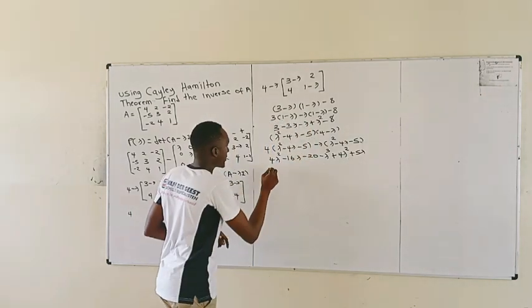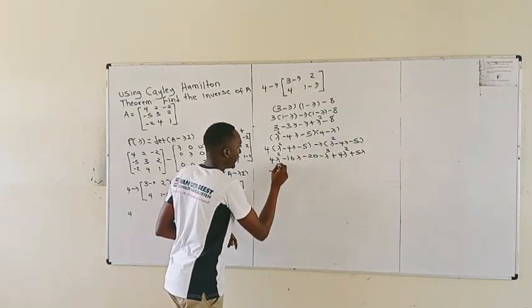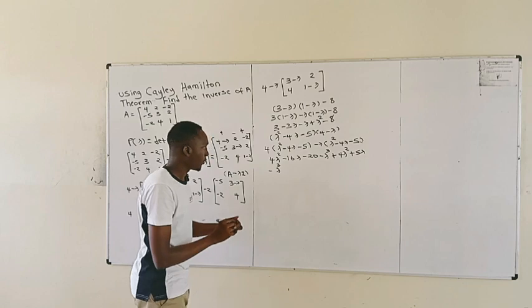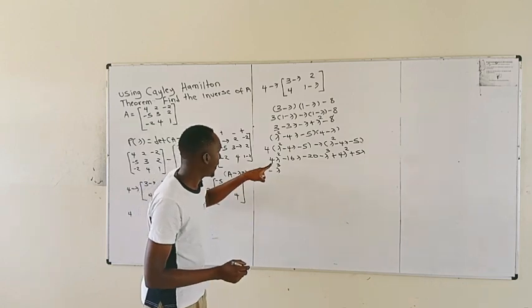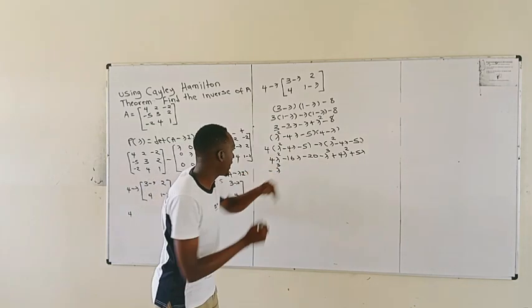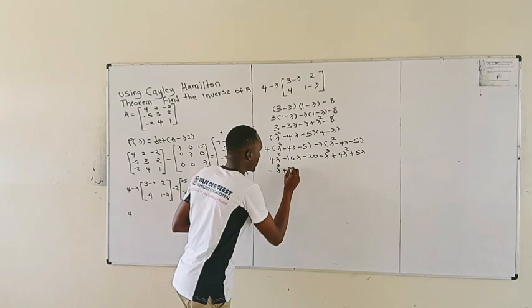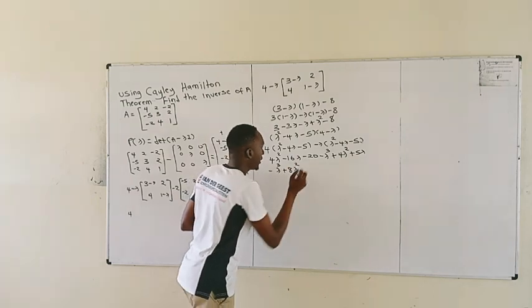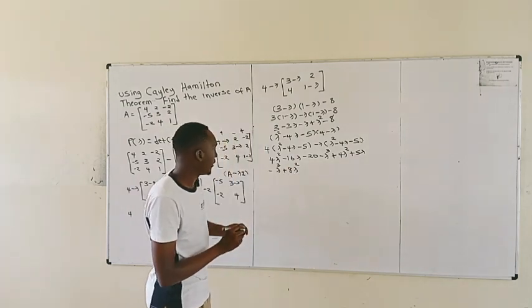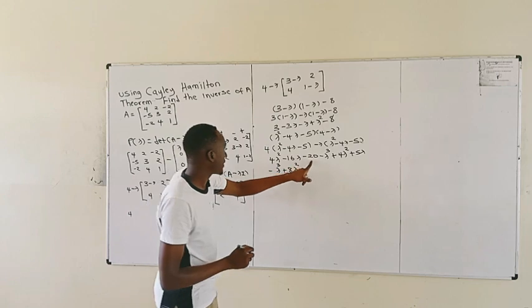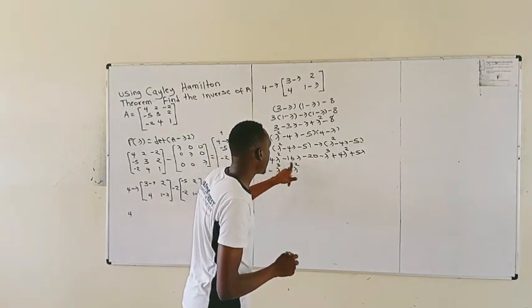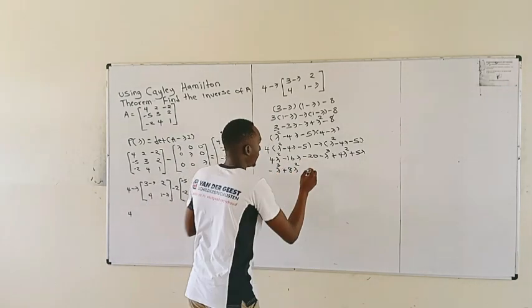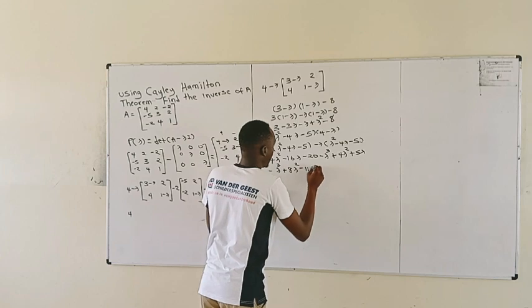The highest power is minus lambda power 3. Then we have 4 lambda squared plus 4 lambda squared is plus 8 lambda squared. Then we have minus 16 plus 5, which is minus 11 lambda.